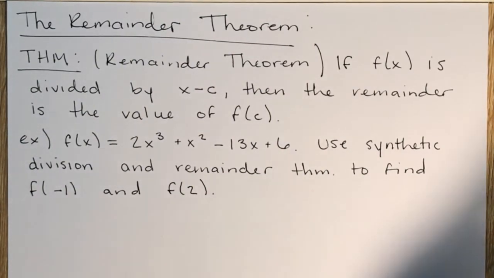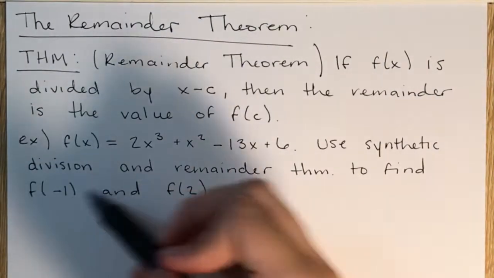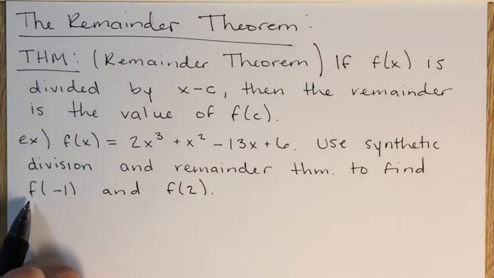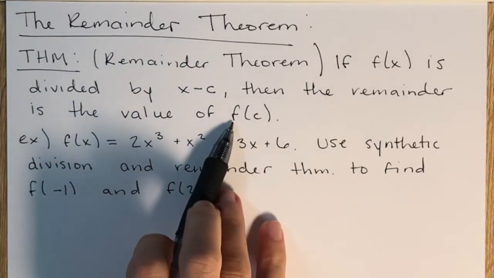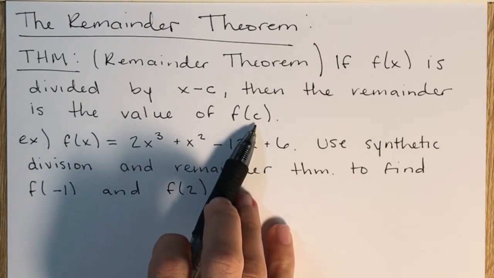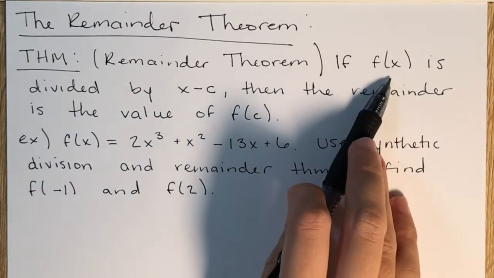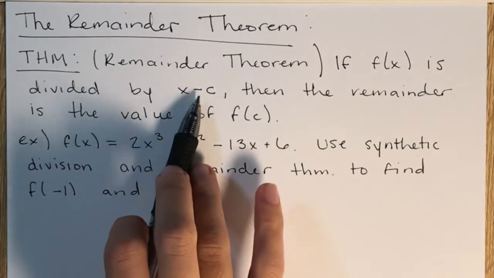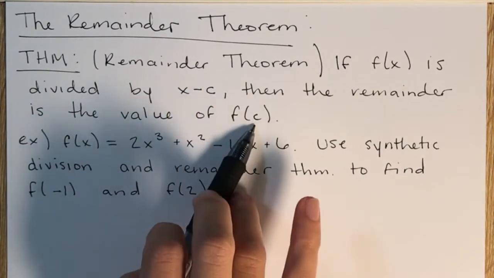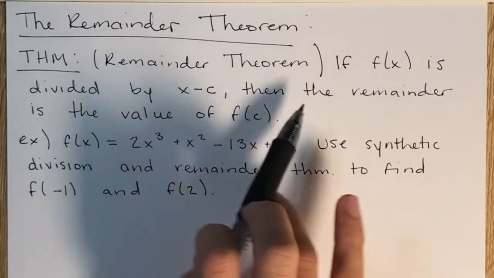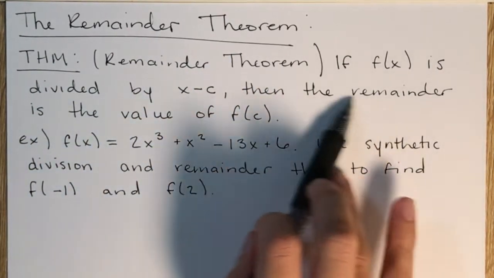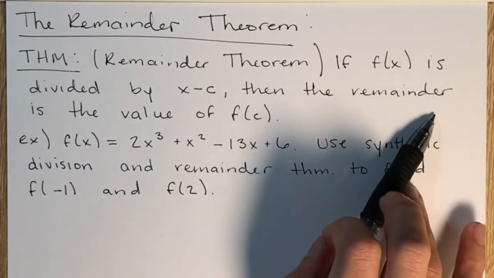Okay, so what does remainder theorem tell us about these things? Well, if we are looking for f of negative 1, remainder theorem tells us that we just have to divide f of x by x minus c. Here c is negative 1, so x minus negative 1, or x plus 1, and the remainder of that will be the value.